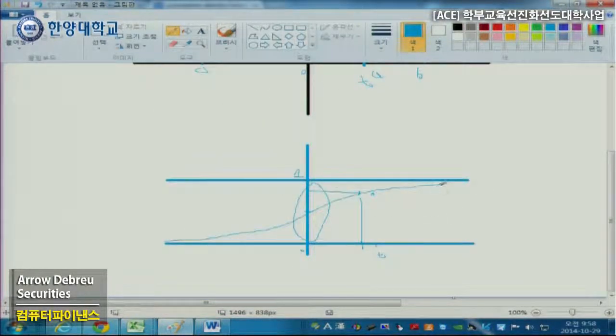Numbers out in the tail would be very unlikely, because to generate a number greater than this, I have to generate a random number in exactly this small area. But a number in the center is more likely, because if I generate any number in this area, it falls between this and this one. So if I find the inverse image, in some sense we can generate the standard normal distribution.